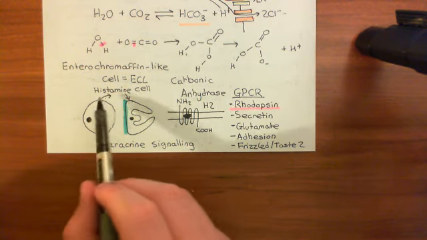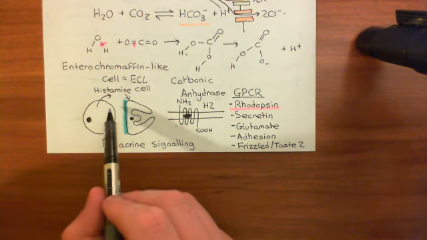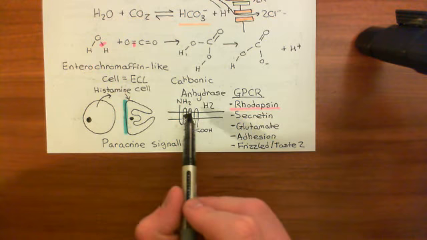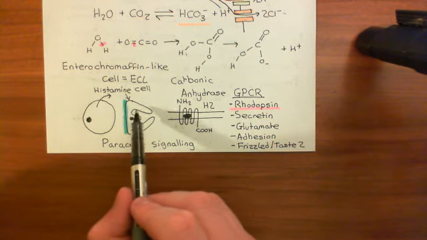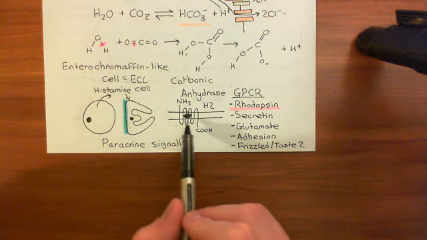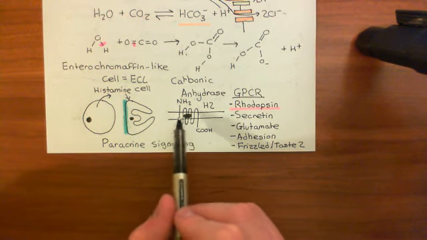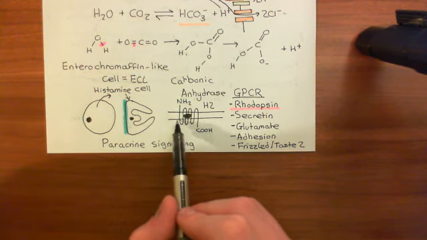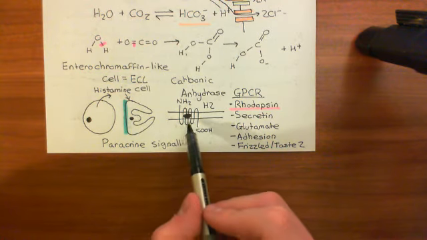So histamine from the enterochromaffin-like cells will be binding to these H2 receptors on the surface of the parietal cell, and when the histamine binds, it will trigger some sort of conformational change in the heterotrimeric G protein, which will then trigger a change in these intracellular loops here.